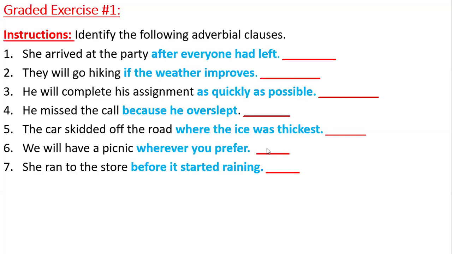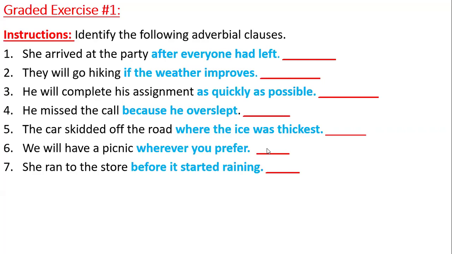Lanaya, are you there? Can you read the questions for me, please? Sure. Instructions: identify the following adverbial clauses. Number 1, she arrived at the party after everyone had left. Number 2, they will go hiking if the weather improves. Number 3, he will complete his assignment as quickly as possible.